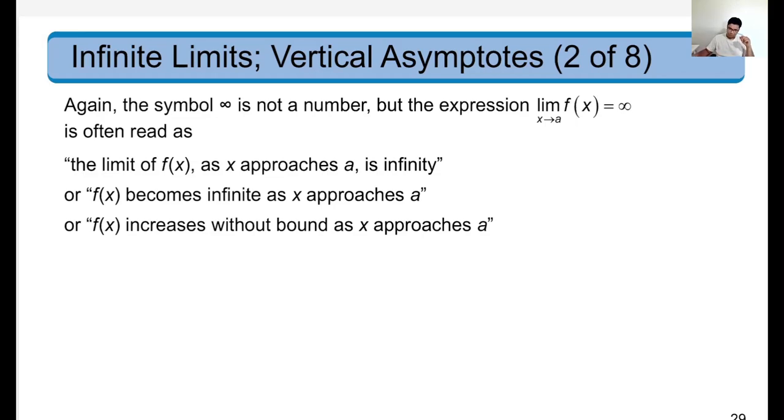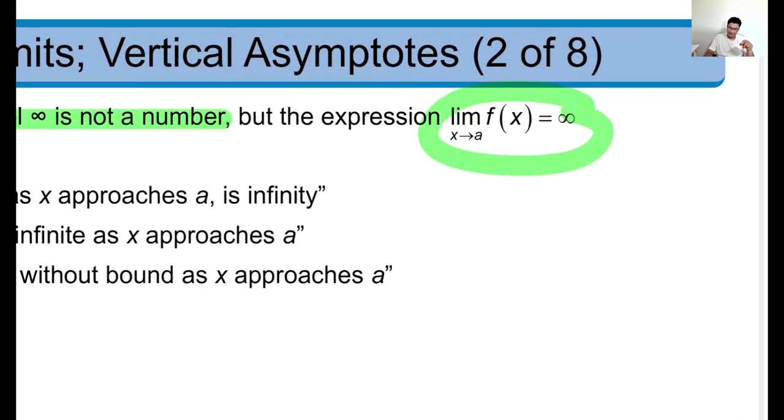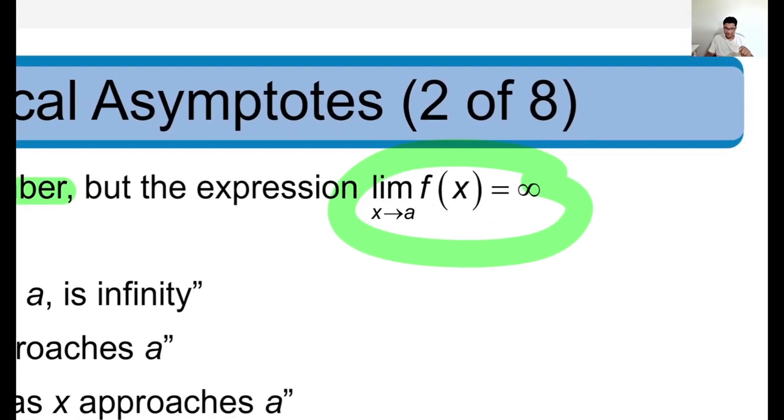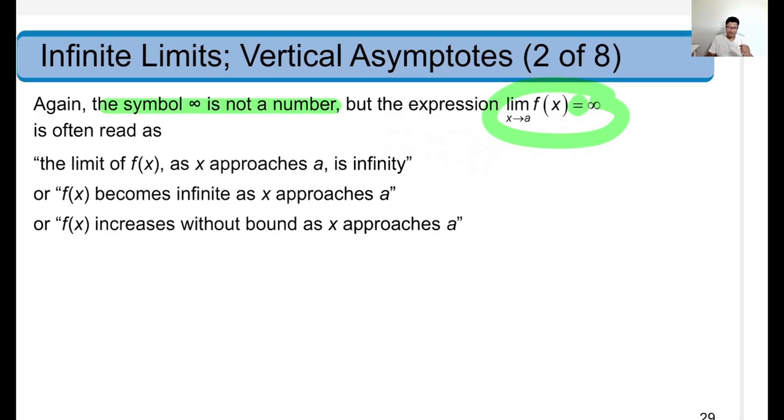Here some super important statements are used again. The symbol infinity is not a number. Be careful about that. Although we write this statement, the limit as x approaches a of f of x is infinity, we write that equality, but it doesn't mean it's a number. Again, it is with a caveat. You have to understand it with a caveat of what we mean.